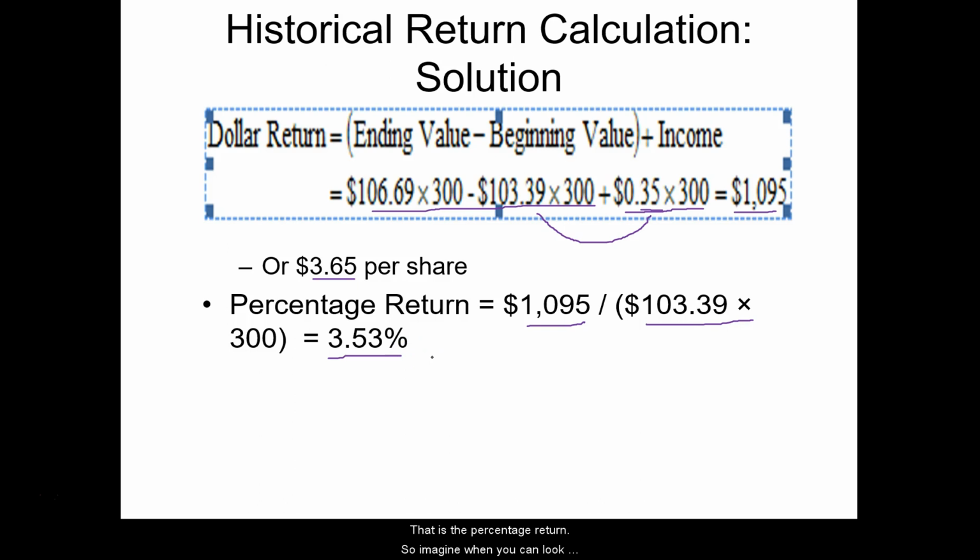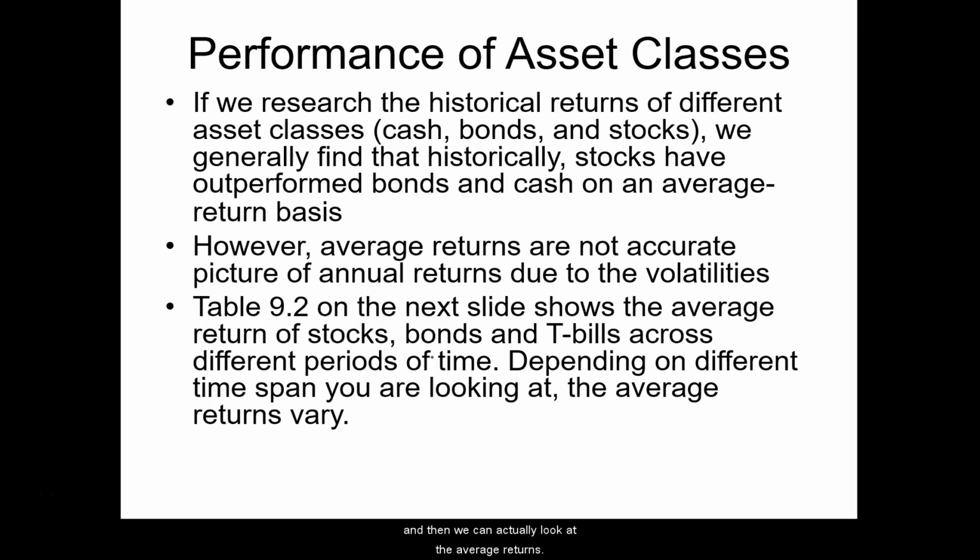So imagine we can look at different period of time and calculate the dollar return and percentage return for one stock over 1 year, 2 years, or even 10 years. And then we can actually look at the average returns.